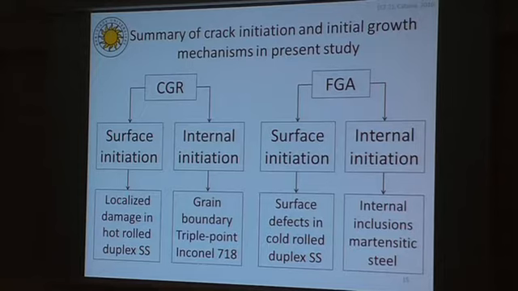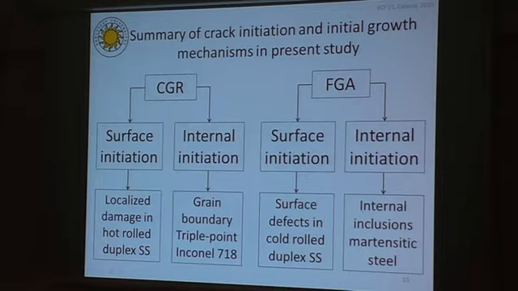So, just to summarize, we have observed two different types of fatigue crack initiation plus crack growth mechanism in our materials.